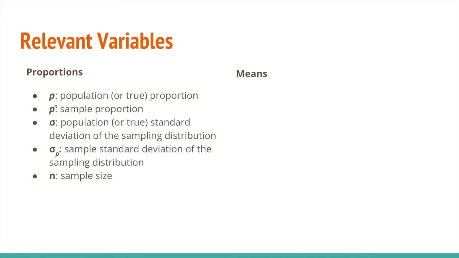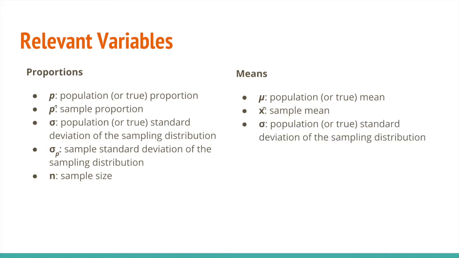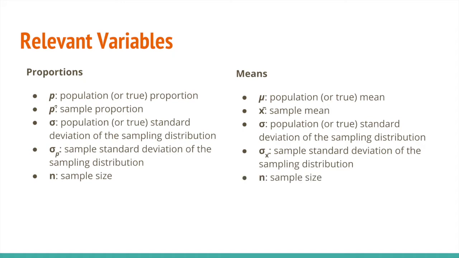Relevant variables for the sampling distributions of sample means include mu, the population or true mean, x bar, the sample mean, sigma, the population or true standard deviation of the sampling distribution, sigma sub x bar, the sample standard deviation of the sampling distribution, and n, the sample size.